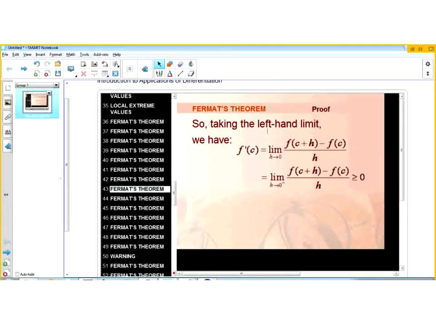Then of course we take the limits, and in this case we're taking the left-hand limit. h will approach 0 from numbers smaller than 0, and then we have the result that the derivative will be greater than 0, as we approach c from the left.